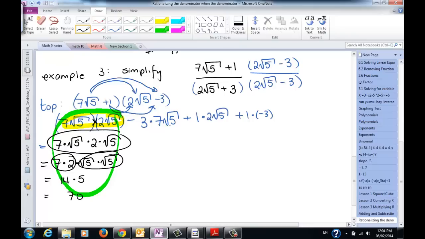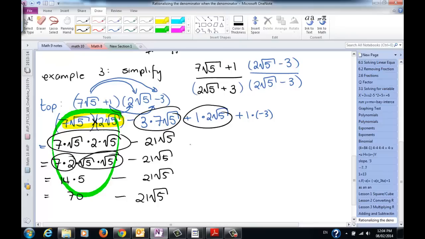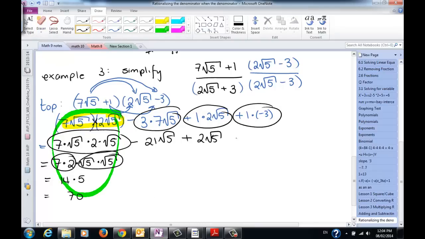Okay, and then I've got to simplify this piece, minus 21 root 5. Next piece, I have plus 2 root 5. Actually, maybe I'll erase this piece here because we can simplify some more. So here, let's just finish this. We've got a positive 1 multiplied by negative 3 is negative 3. Here we have some like terms. They're both root 5.